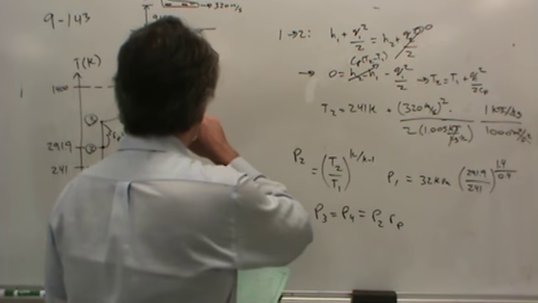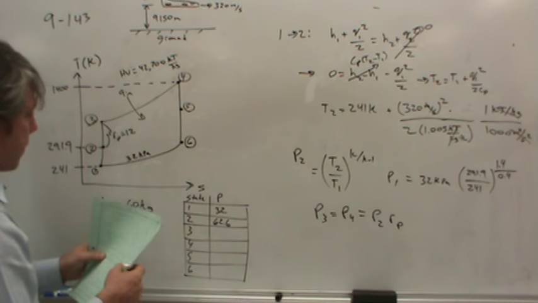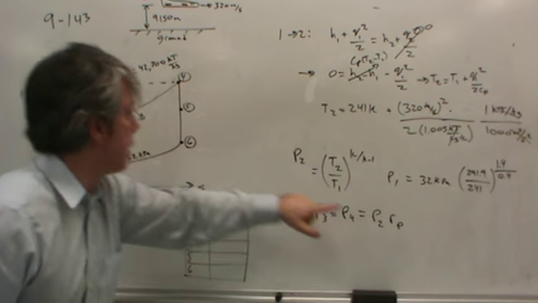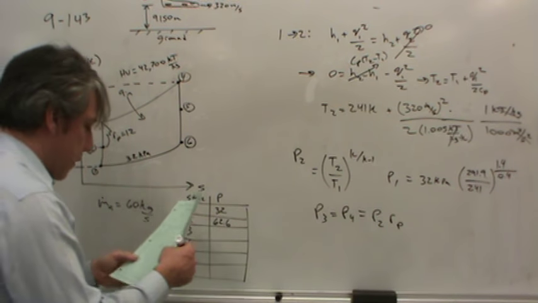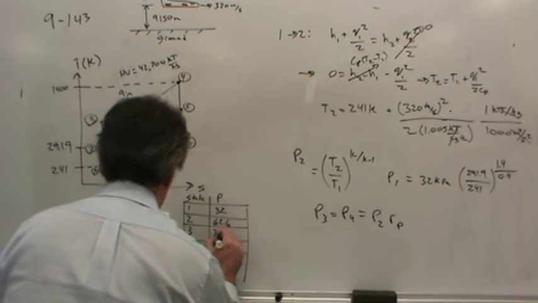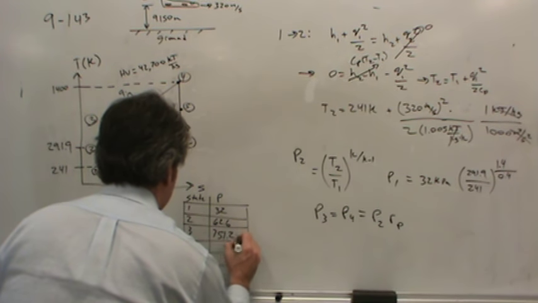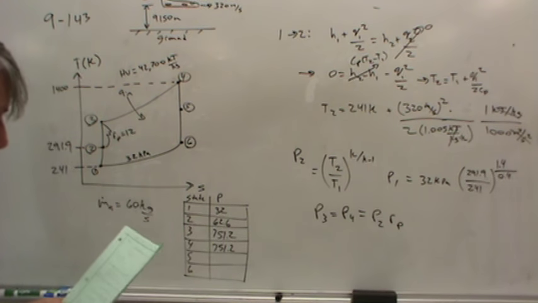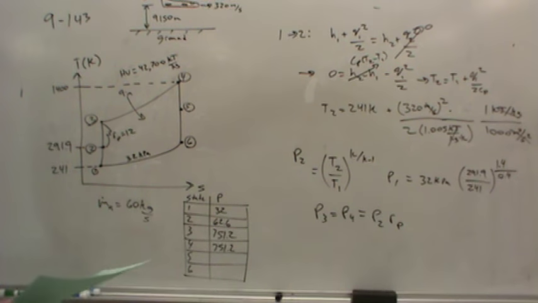Since the pressure ratio is 12, all we have to do is take 62.6 and multiply by 12. When you do that, you'll find the pressure in state 3 and state 4 comes out to 751.2 kilopascals.